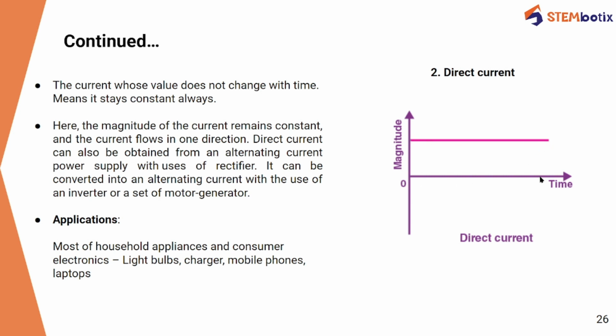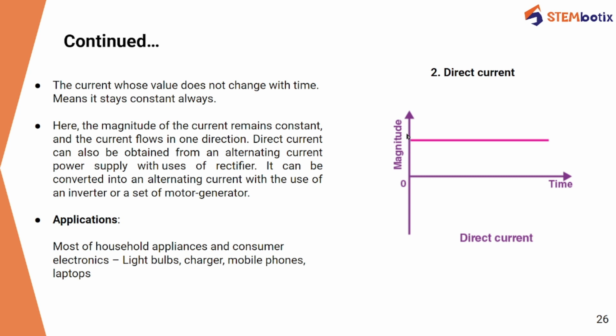Here, time is increasing, but the magnitude of your current is the same. With time, there is no change in magnitude. At zero it is the same, and for maximum time it is the same. The magnitude of your current isn't changing.